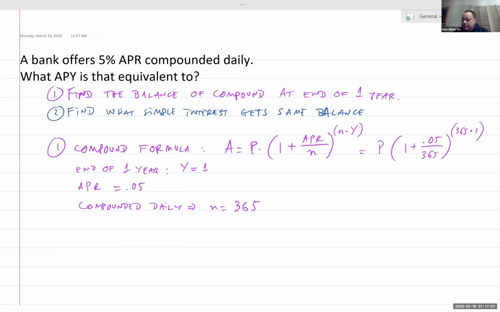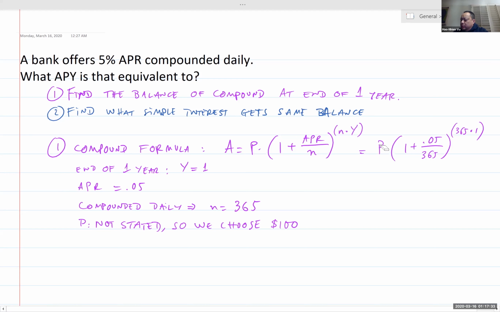So right here, p is not stated. So we choose. And we choose a value of p that's easy for us, okay? We're not gonna choose a weird p equals $96.3. That will be bad. We pick $100 because that's very easy in terms of computing percent, okay?